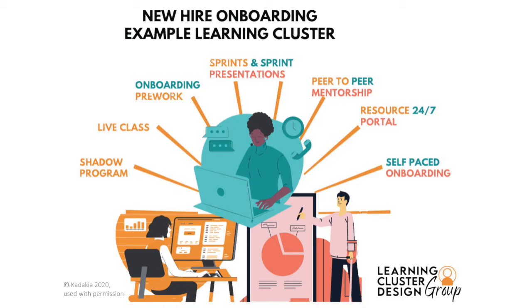So then we confirm in the surround action that each persona has one of those, and together it will help them change on the job behavior to get the desired results. So we look for what's missing, what do we have that's duplicated, but we're making sure that all the I's are dotted and the T's are crossed when we create that learning cluster.